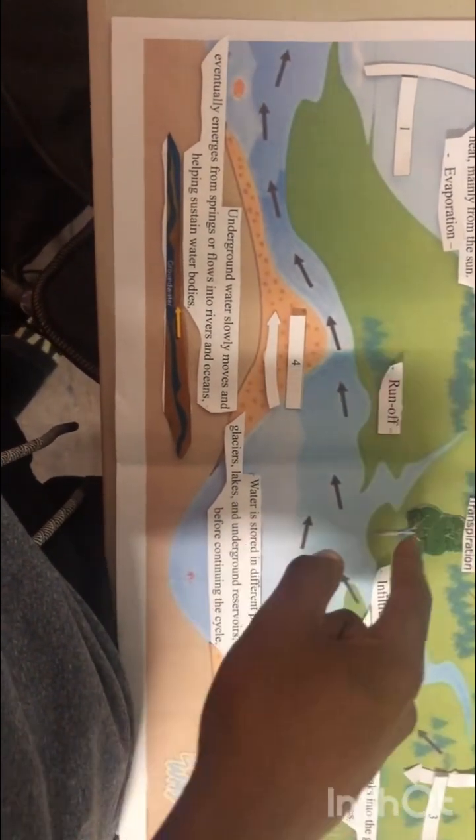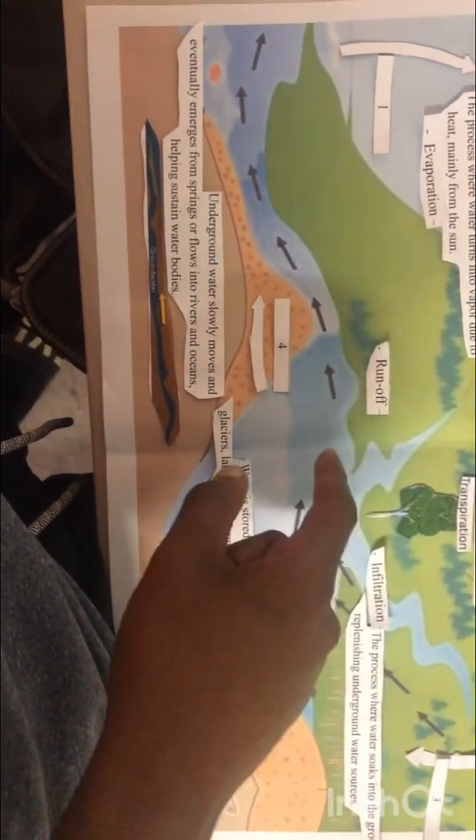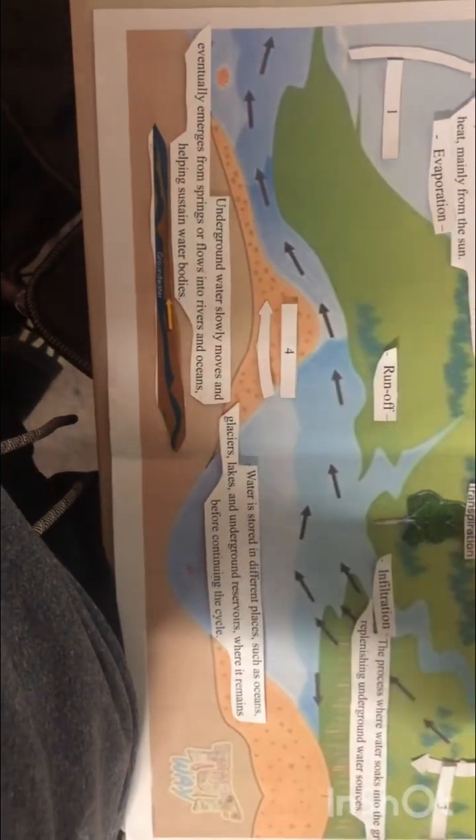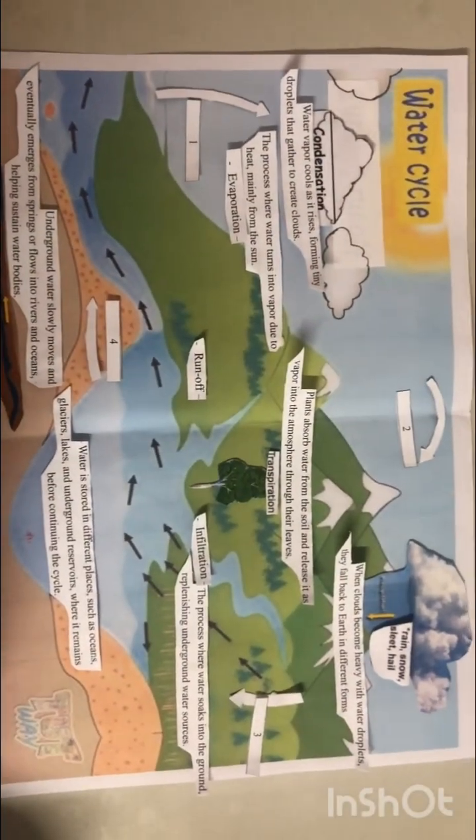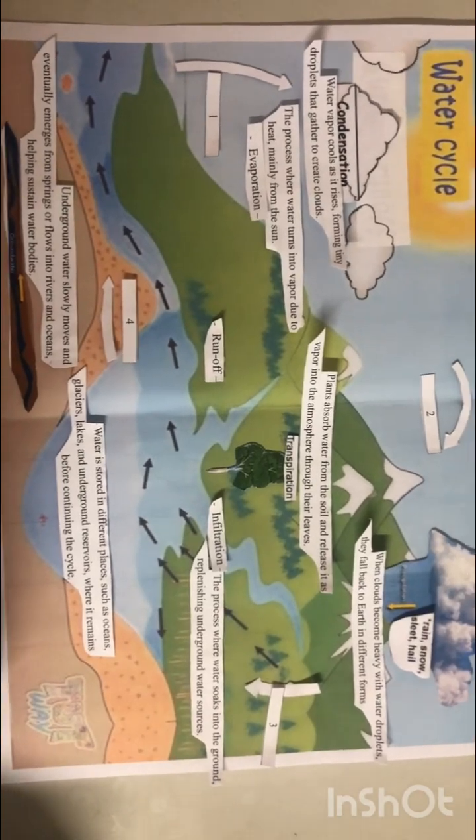So in this case, this is a tree. This is a stem, or the branch, but it's gonna absorb the water from the ground into the leaves, and then the water is gonna be absorbed by the sun. You see, so it's basically water released from plants.